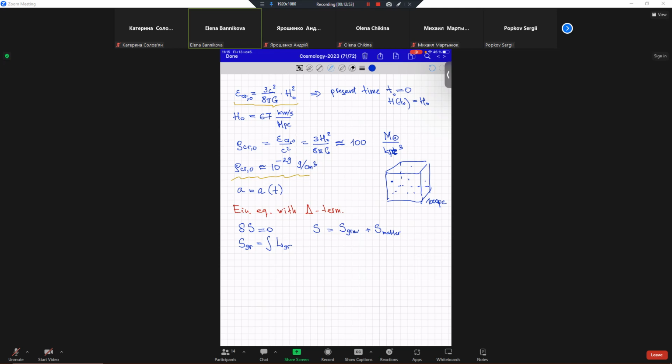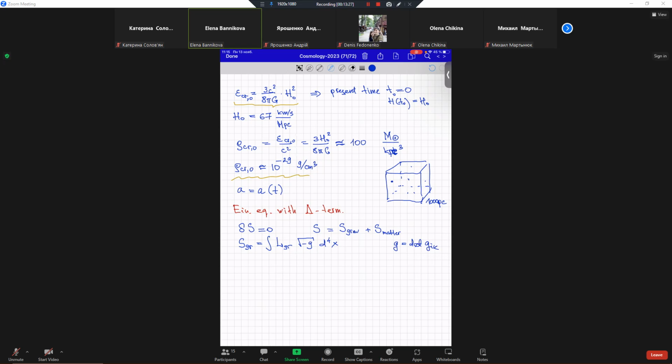But if you have a metric, we need to put here the square root of minus g, d⁴x, where g is the determinant of g_ik. Sorry, some question? No? Okay.